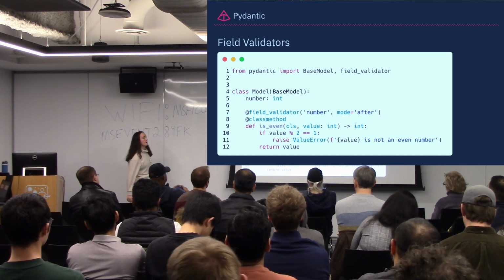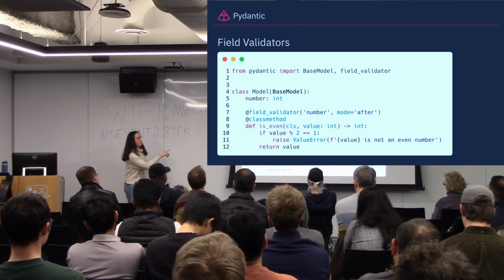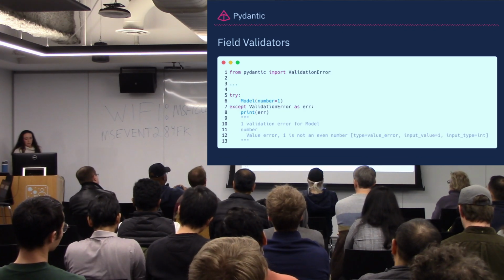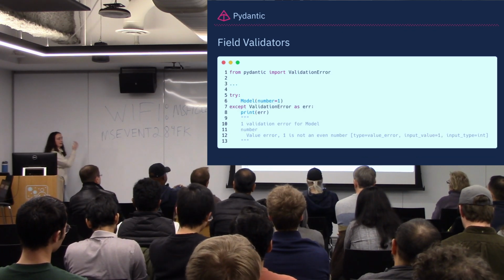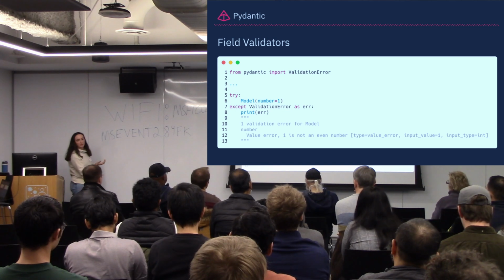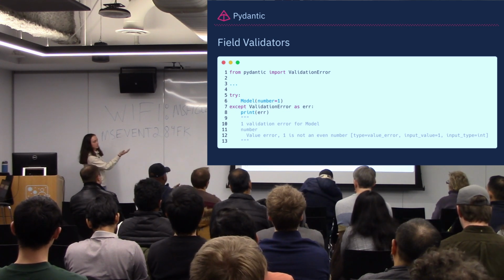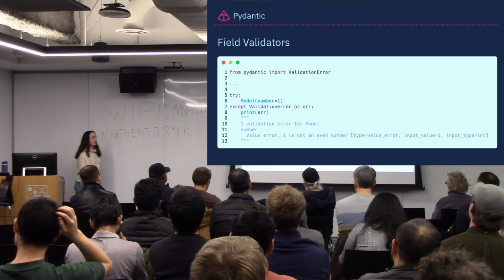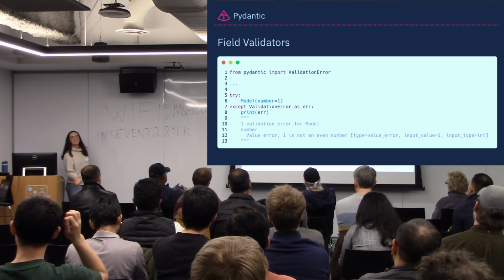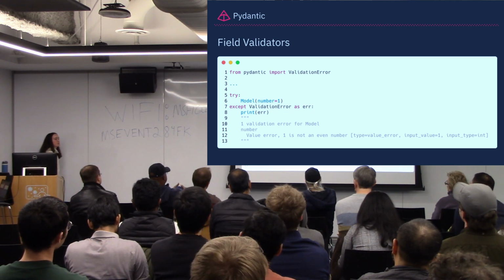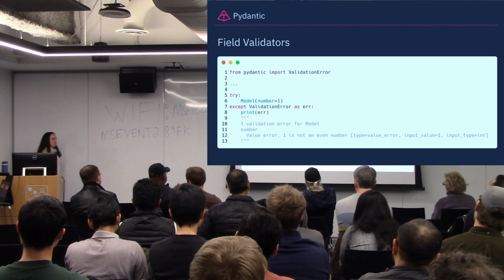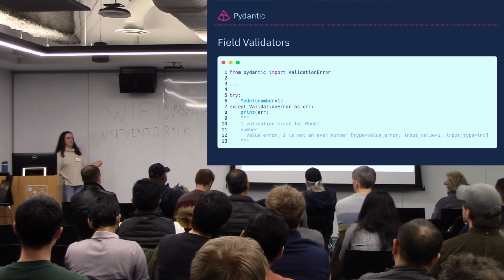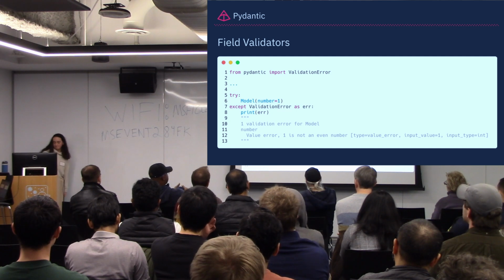I'll touch on the mode of the validator shortly. But just to show what this looks like, here, 1 is not even, so we get this nicely formatted error. Obviously, the is-even check is quite oversimplified, but you can imagine your applications are going to have really special needs for data validation, and it's really easy for you to write that code.